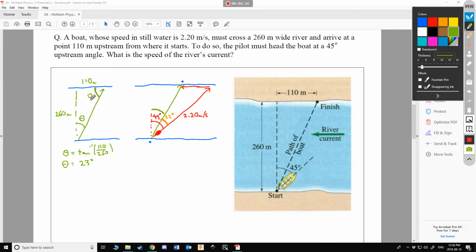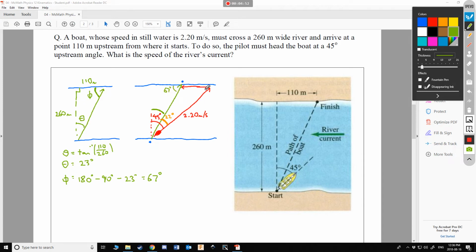So let's call that phi. Phi must equal 180 degrees, the sum of the angles in a triangle, minus 90 degrees, since we know one of them is 90 degrees, and minus the 23 degrees we just found. Therefore, what's left over must be 67 degrees. So that is 67 right here.